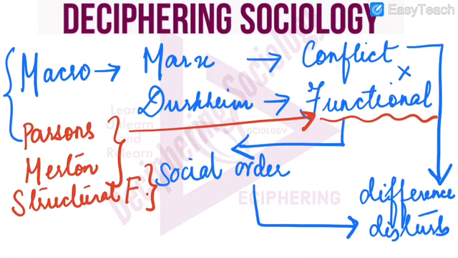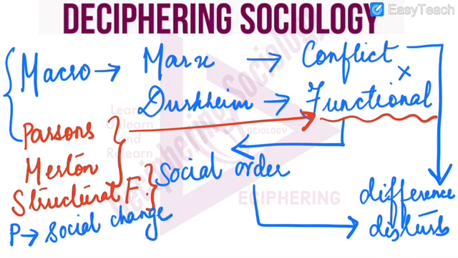This is because Parsons, when he was studying sociology or society, included an element of social change, and Merton, when he was studying society, included an element of dysfunction. These concepts were not there in the original functionalist theory.